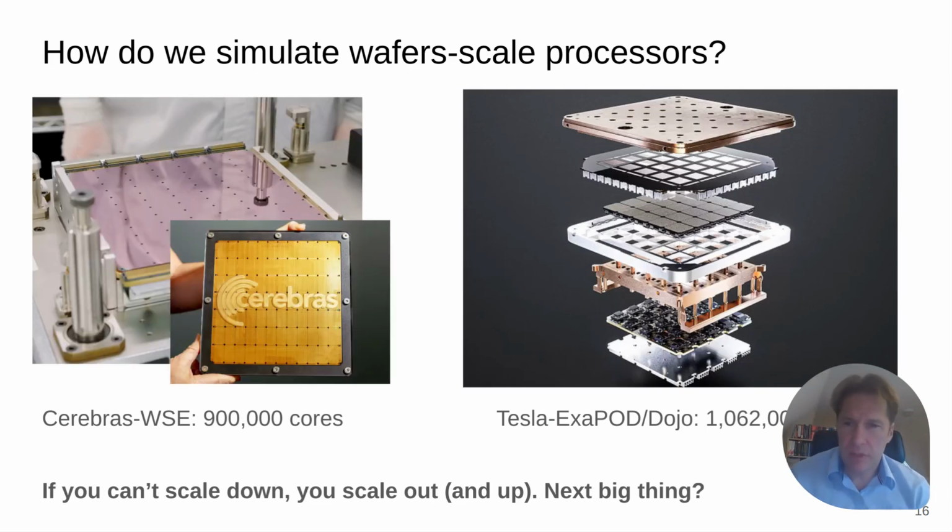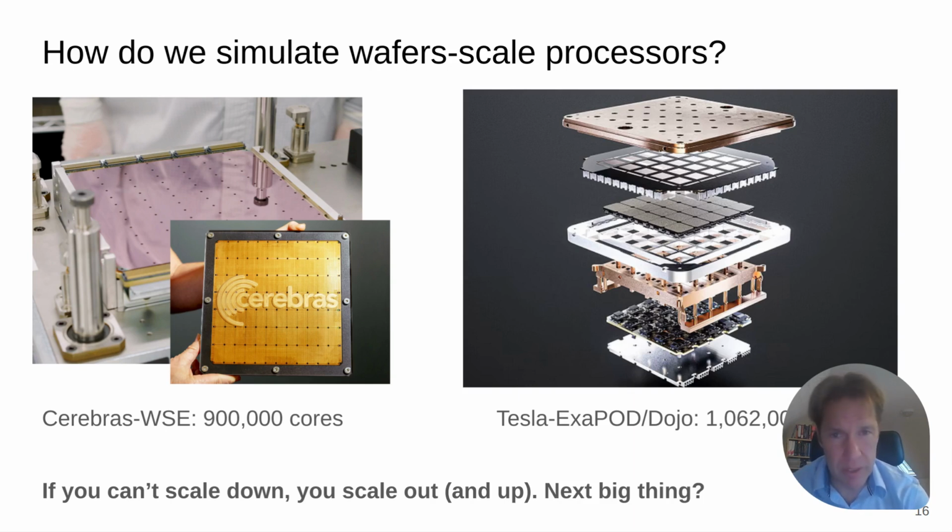So now, getting to the bulk of this paper, how do we do massive simulation? The inspiration for this work was we started looking at wafer scale processors and the need for simulation for those processors. These are massive processors that couldn't possibly be simulated or emulated in a single thread.